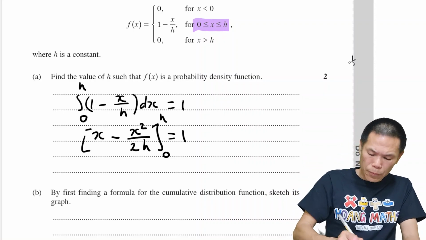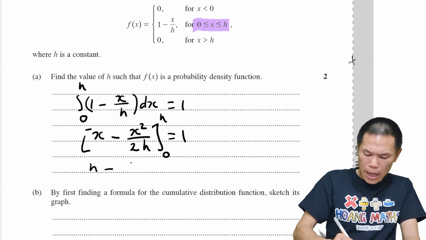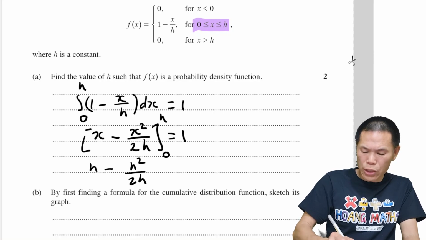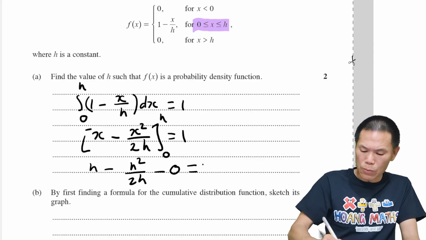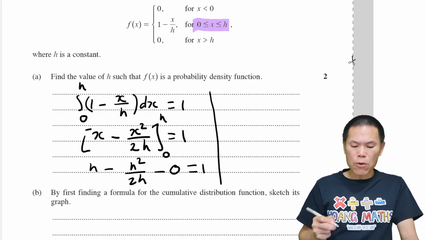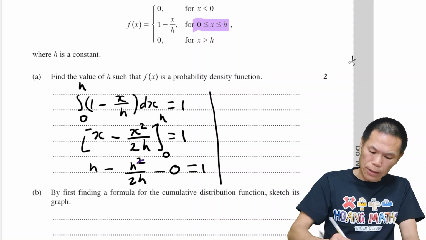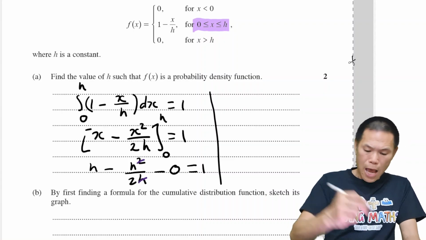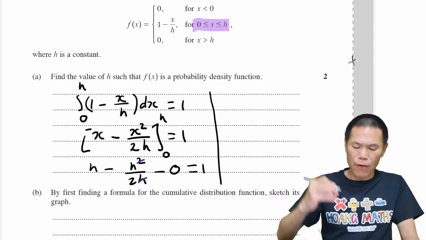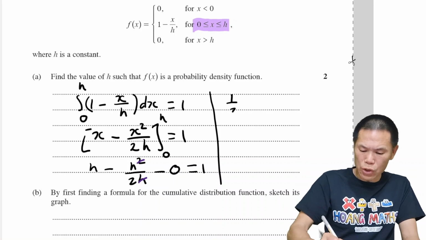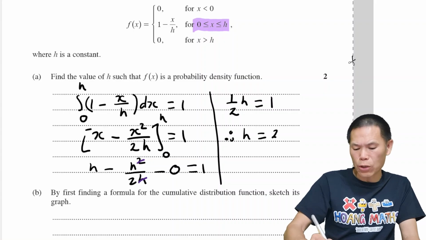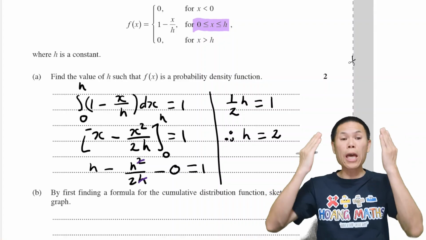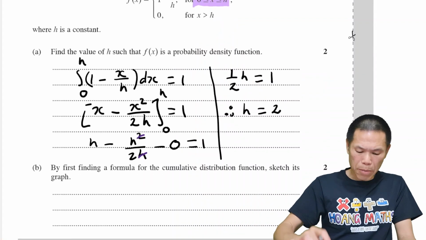So in other words, h minus h squared over 2h, minus, if we substitute the 0 in, minus 0, is 1. So now this h, we cancel with this h. So that means h minus a half of h gives me a half of h, which is equal to 1. Times 2 both sides, so therefore h is equal to 2. So there you go. Part B.